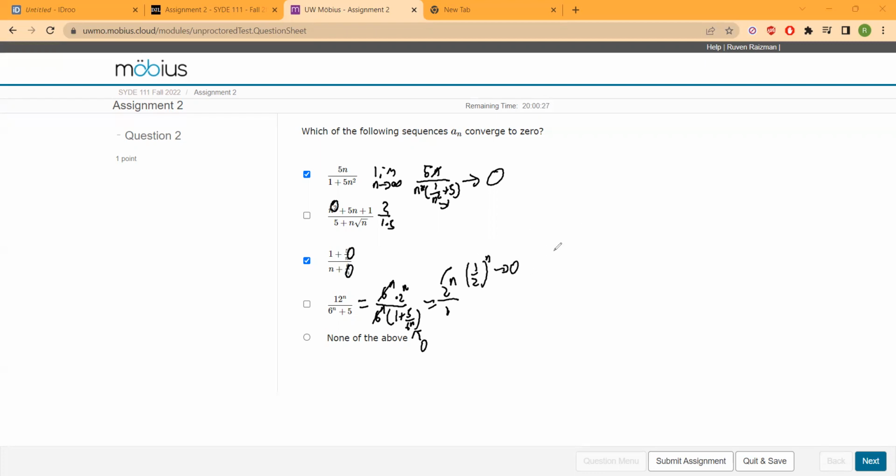So just a good way to remember, and you can imagine the exponential function if you want and check in Desmos. So a to the power of n goes to infinity if a is greater than 1. And then if a is smaller than 1, so if a to the power of n where a is bigger than 0 but smaller than 1, then the limit is going to be 0.